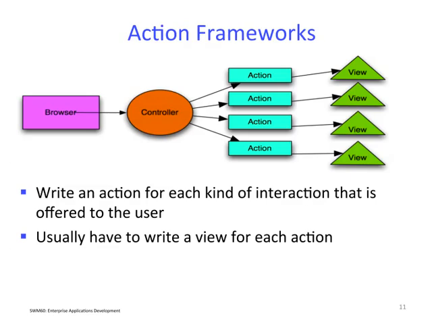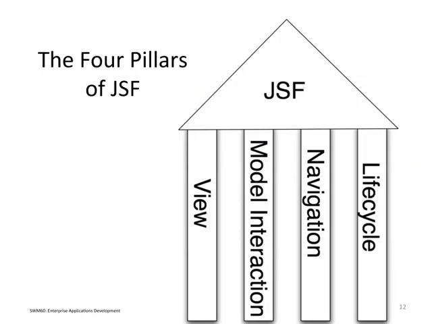The action framework is, so we have the controller that controls the action and generates the views. So when you develop your pages, you create an action for each of the views that will be generated. So the main four pillars of JSF are lifecycle, navigation, model interaction, and the view.